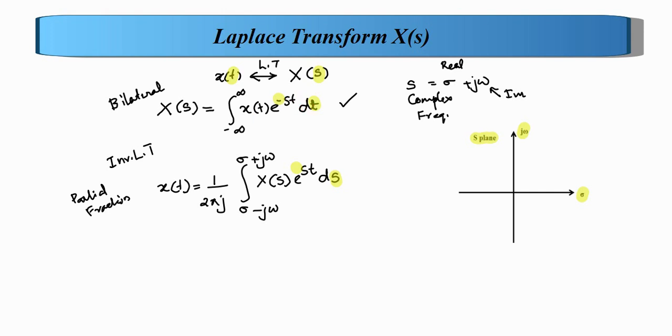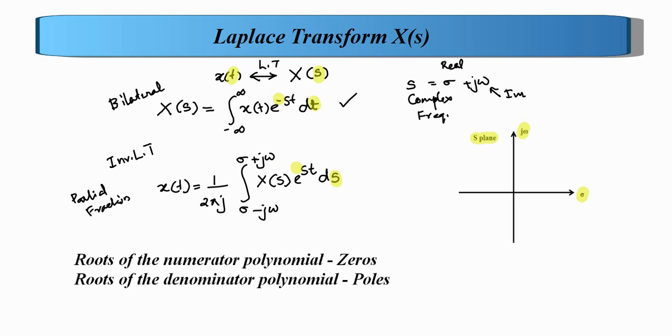We can define two or three points here, known as zeros and poles. If you write any rational function of s, for example, X of s is written as s minus 1 divided by s plus 2 into s minus 3. So for example we got a Laplace transform in s, and there is a numerator and a denominator, it's a rational function.